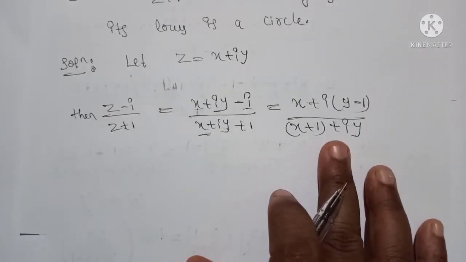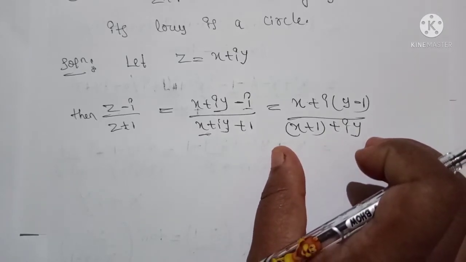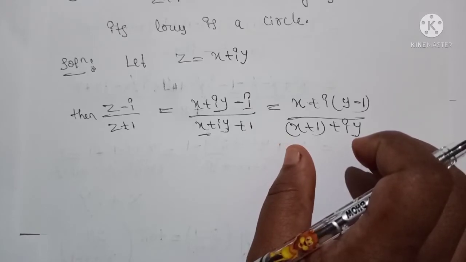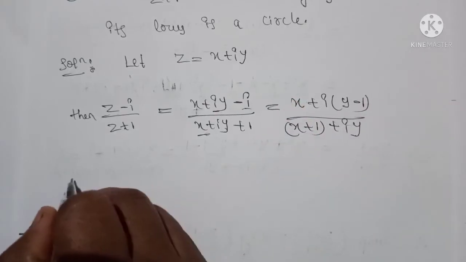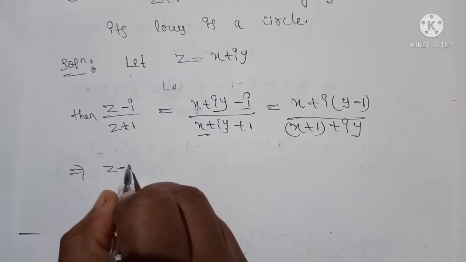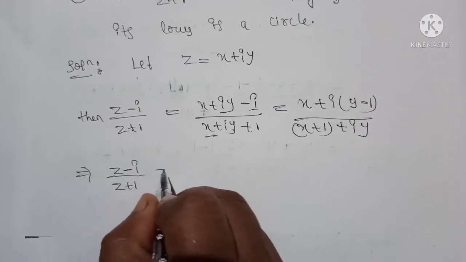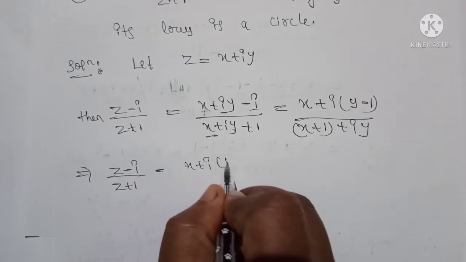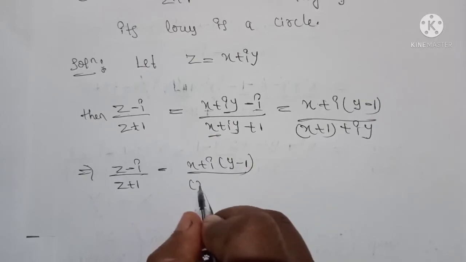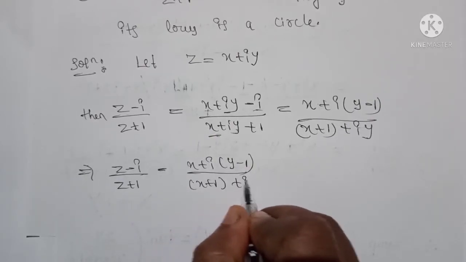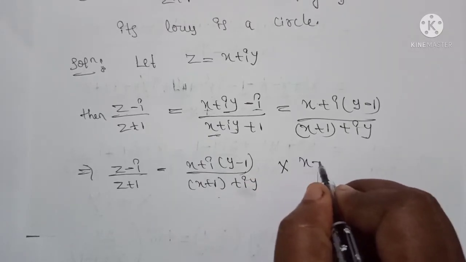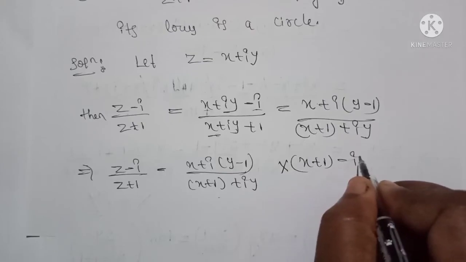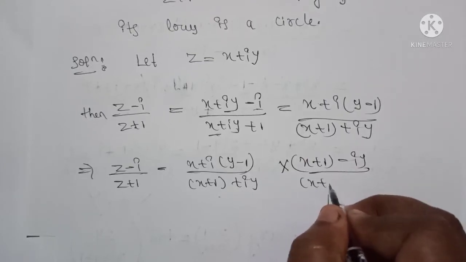Again we have to express it in a plus ib form, so we consider the conjugate of the denominator and multiply and divide by it. So we get (x plus i(y minus 1)) divided by (x plus 1 plus iy), into (x plus 1 minus iy) divided by (x plus 1 minus iy).